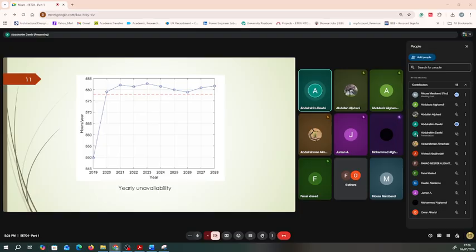Here the table shows the unavailability of each year. The solid blue line is an average value over the period. The red dashed line is the performance indices, and it is better in the first year.